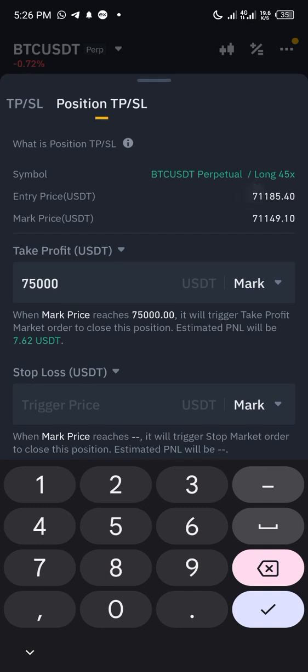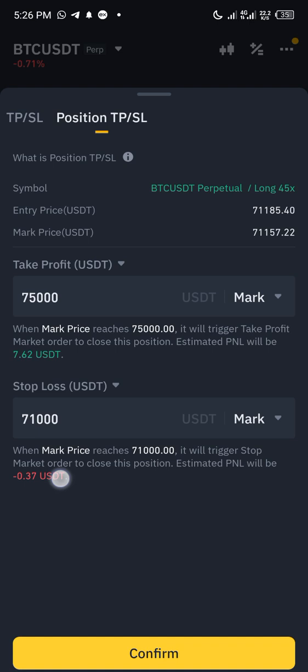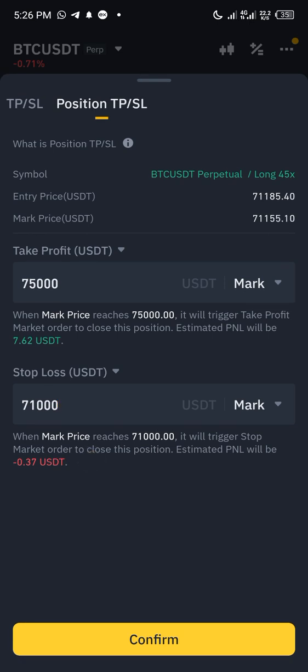You can see it here. Let's say I want to exit the market if the price of Bitcoin could fall to $71,000. So below it, you are going to see the amount I'm going to lose. This is the stop loss. I'm going to lose 0.37 USDT in my amount if I set the stop loss here. And if the price of Bitcoin can rise to $75,000, I'm going to gain this amount.